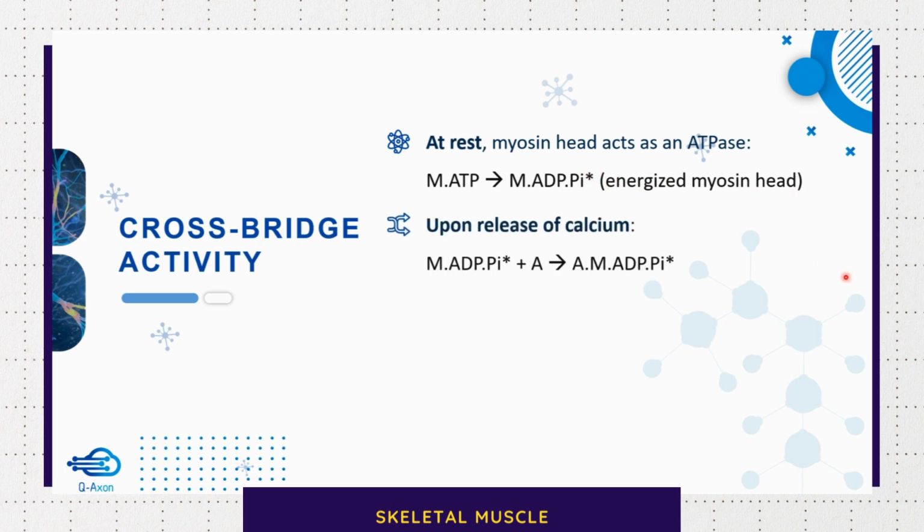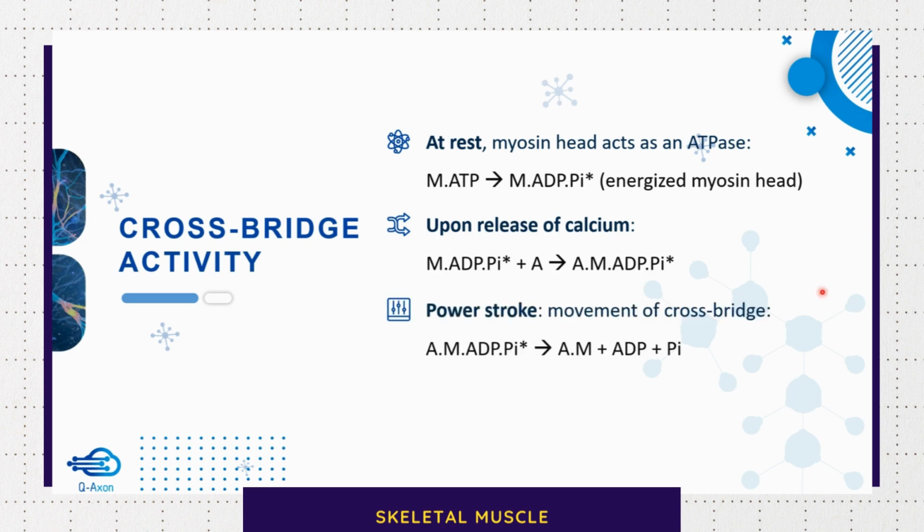Now once calcium is made available, actin can bind to this molecule. So we represent that as AM ADP Pi with the stored energy. The energy is still not utilized, but actin is bound to myosin. Now the third step is the most important step, what is referred to as the power stroke.